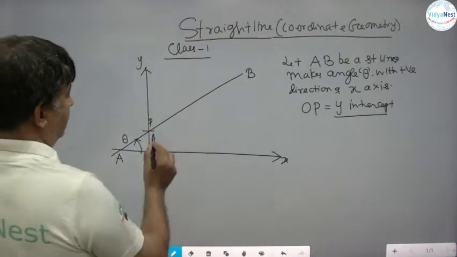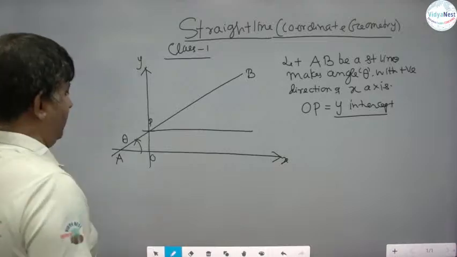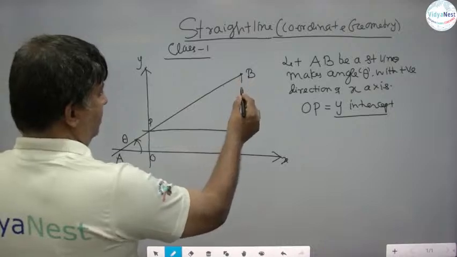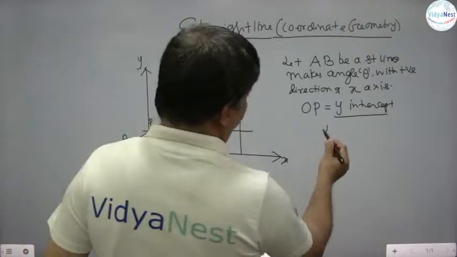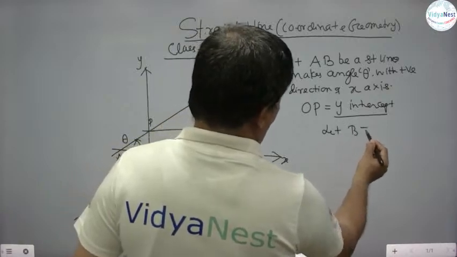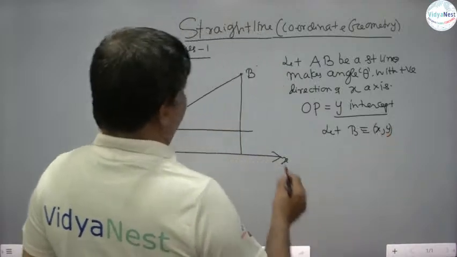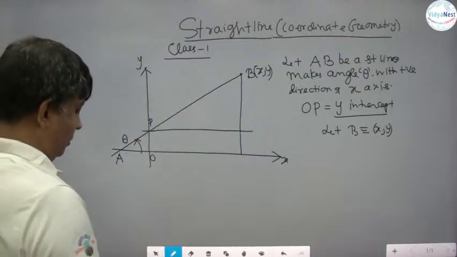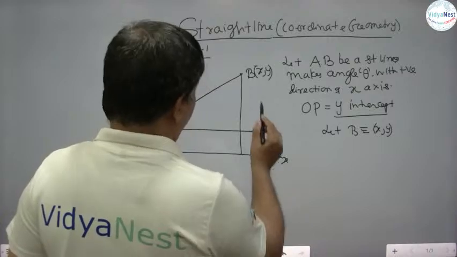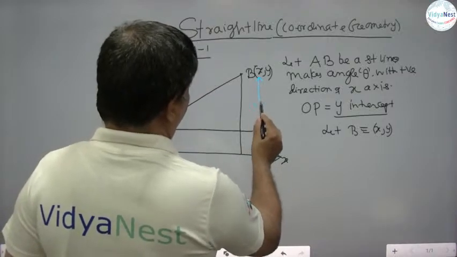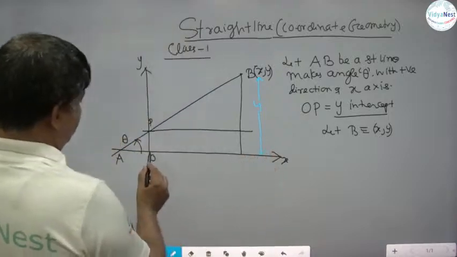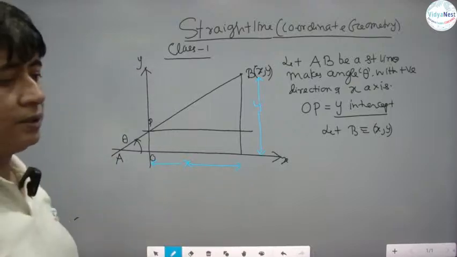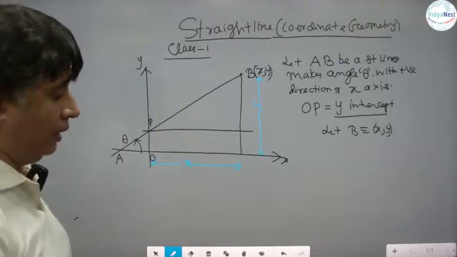Let us draw one line parallel to x-axis, and from B you drop a perpendicular, and let B's coordinate be x comma y. So this part is y, and this part is x.